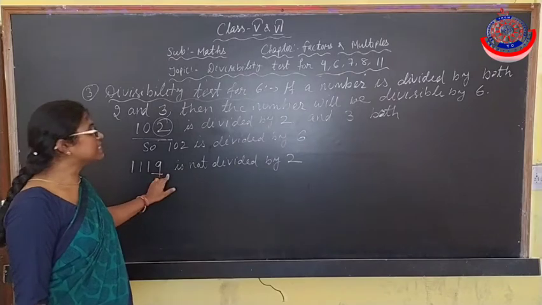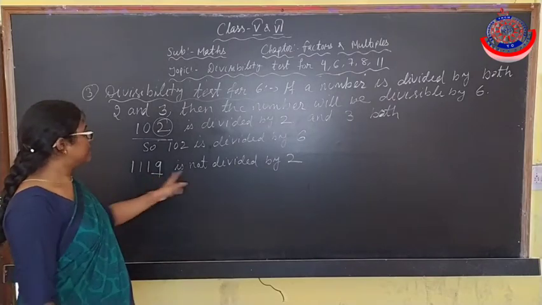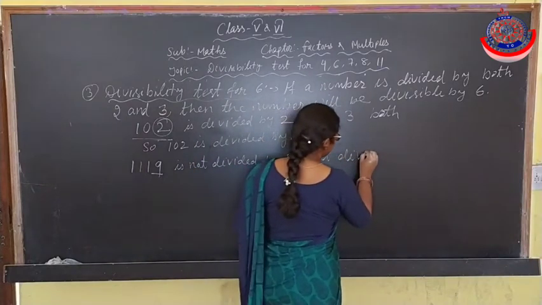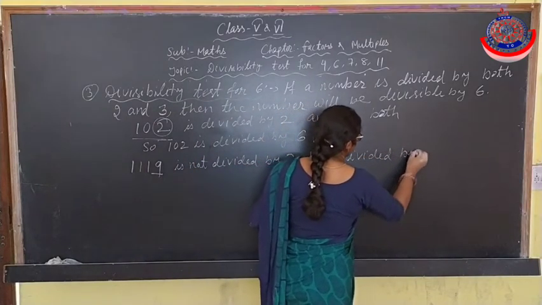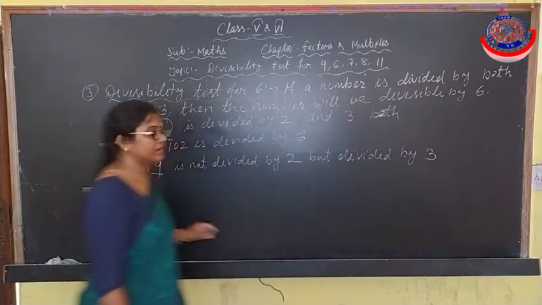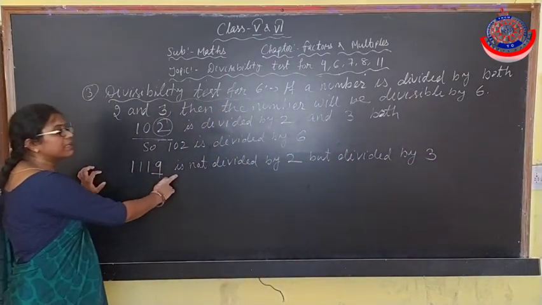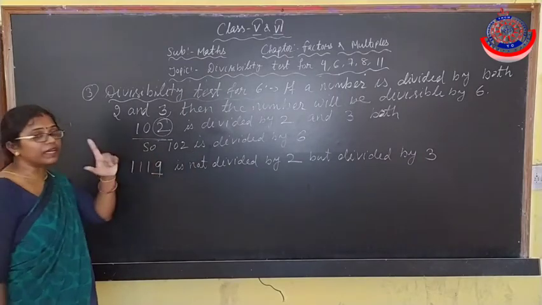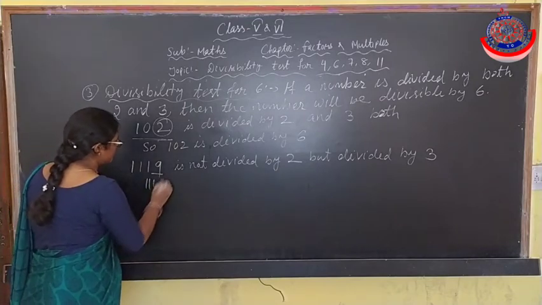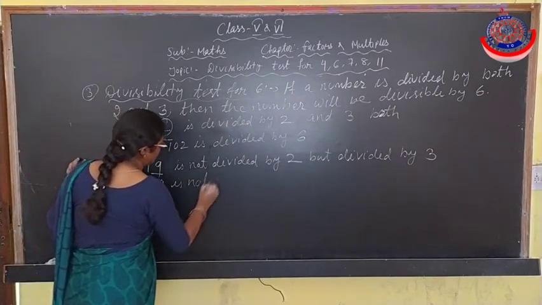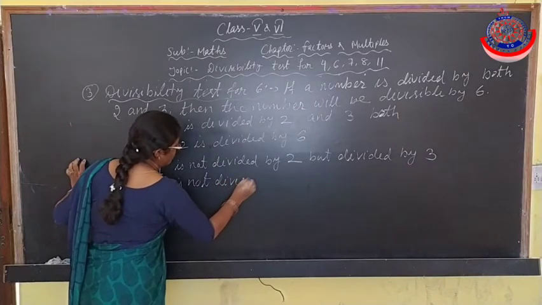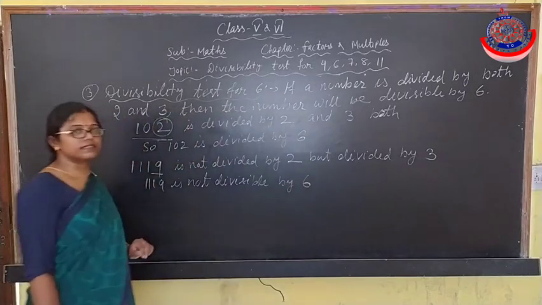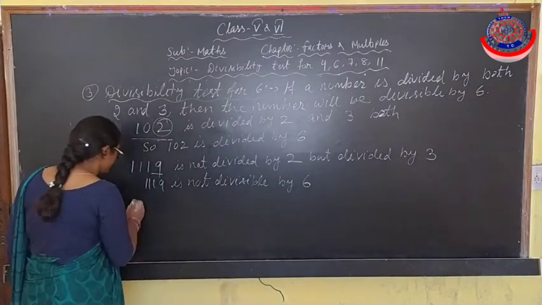That means this number is divisible by 3. Here the number is not divisible by 2 but divisible by 3 only. That means this number is not divisible by 6. One more number we will try.